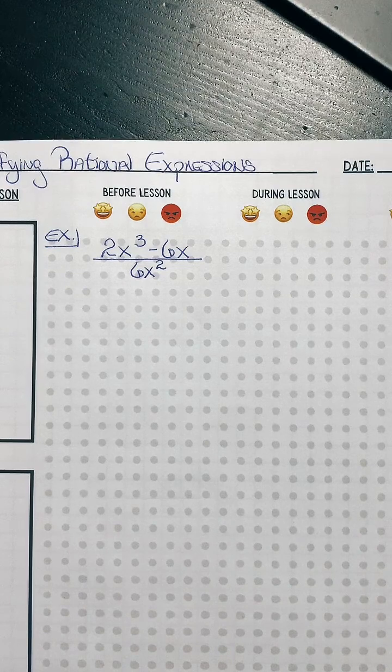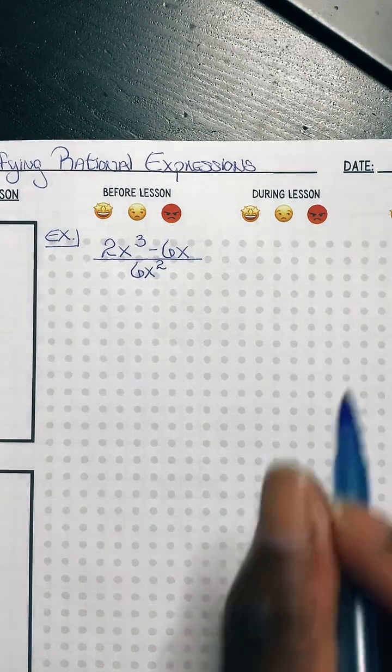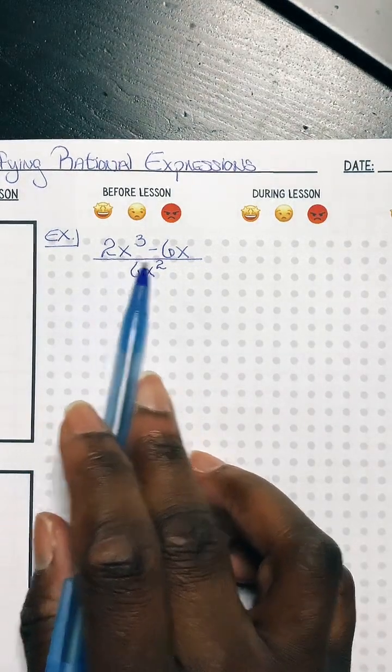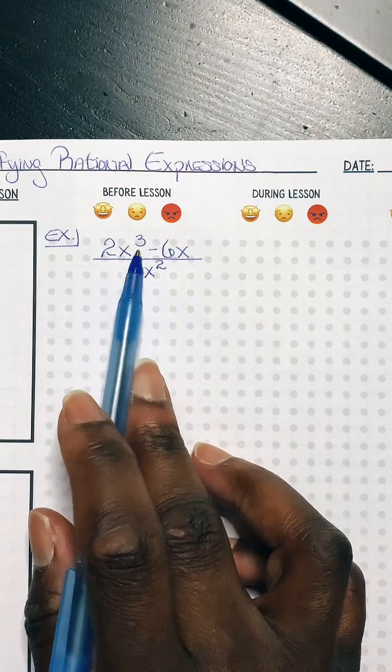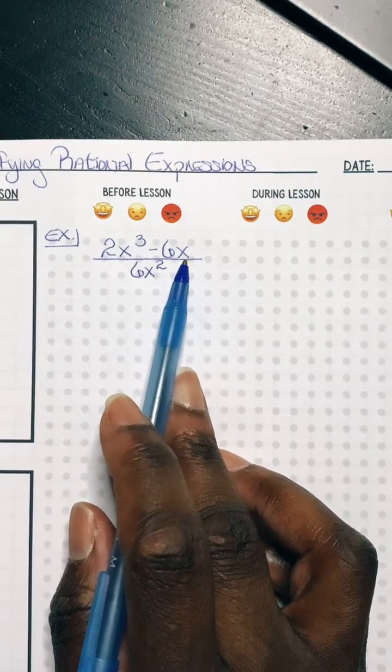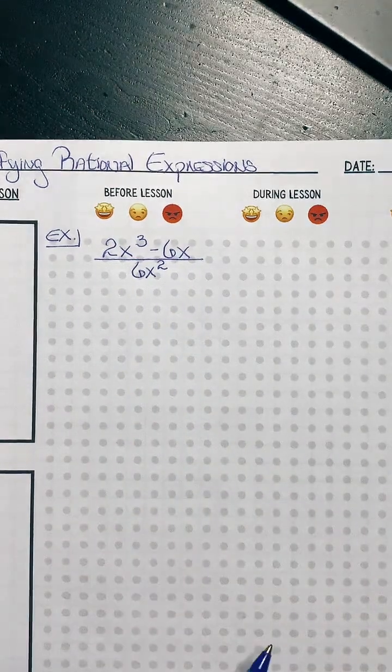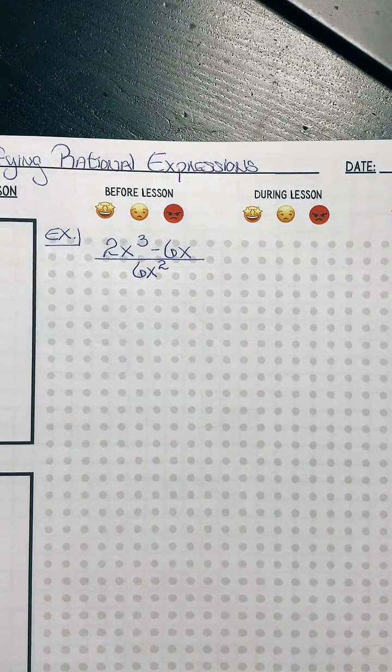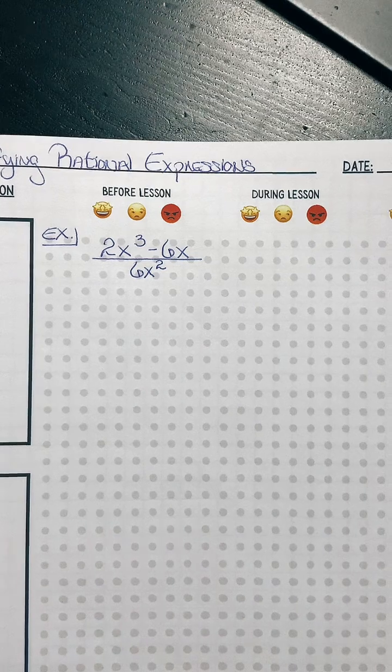And if the answer is yes, let's factor that bad boy out. Just in the numerator, 2x cubed minus 6x, what do they all have in common? Go ahead and put that into the chat. I'm going to use my half sheet to cover up the denominator so we can focus solely on the numerator.